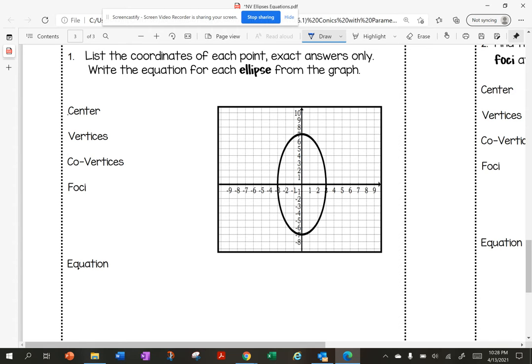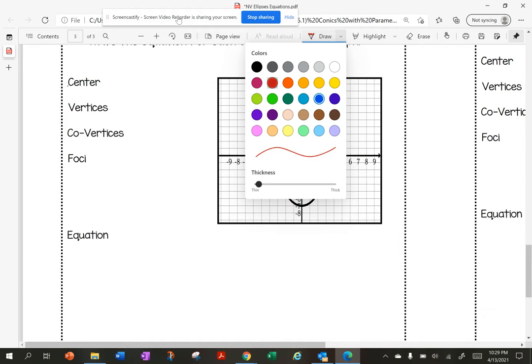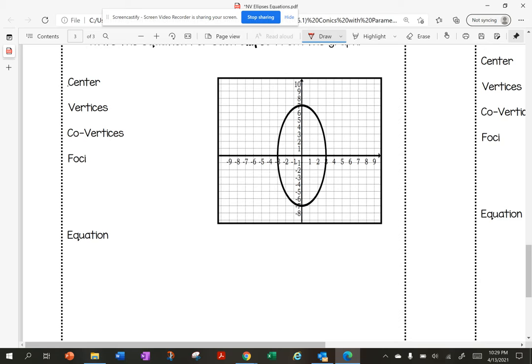Okay, so I have this graph here, and I am expected to write the equation from this graph. So I'm starting out with, I know I have a vertical ellipse because the longer axis is on the vertical.